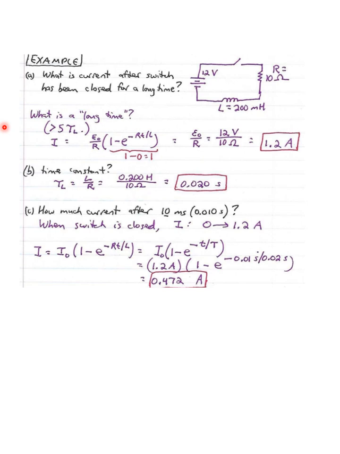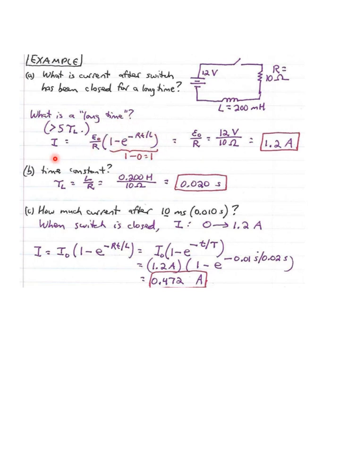The current is voltage naught over R times 1 minus e to the negative RT over L. Now, for a long time, and again, we can just take that to be more than 5 time constants, then this e to the negative long time is essentially 0. So the whole thing in the parentheses becomes 1.